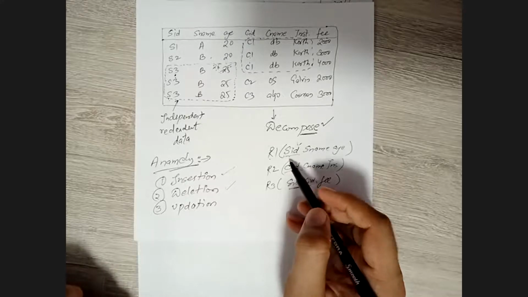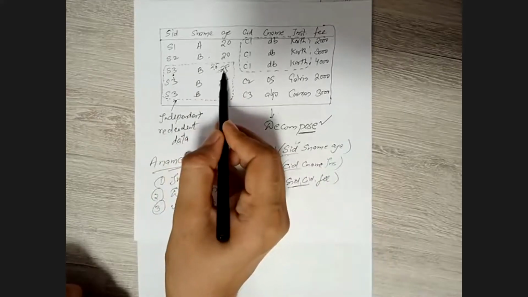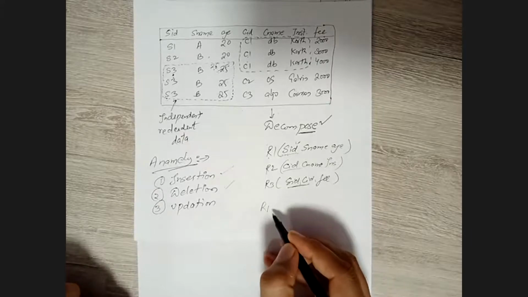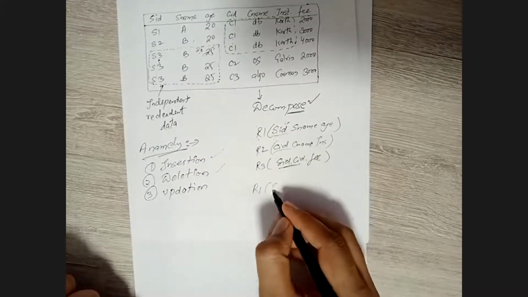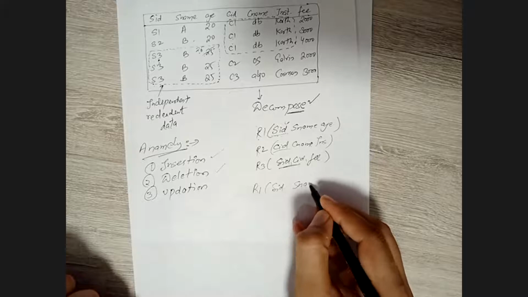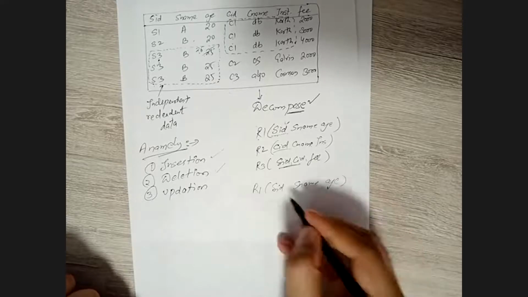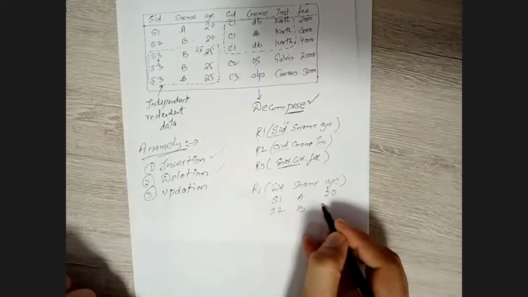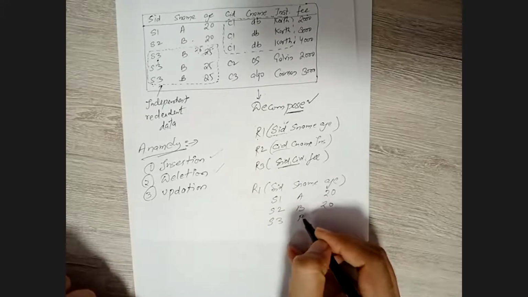That's the uniqueness. So S3B and 25 will be written only one time over here. So our R1 table will look something like this, for example, SID, SName, and age, right? So S1 A 20, S2 B 20, and S3 B 25.